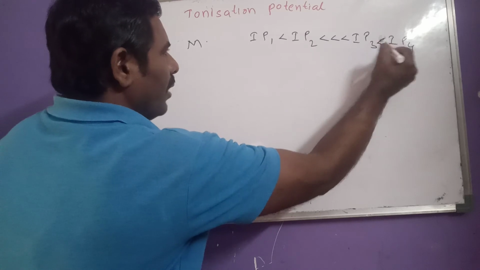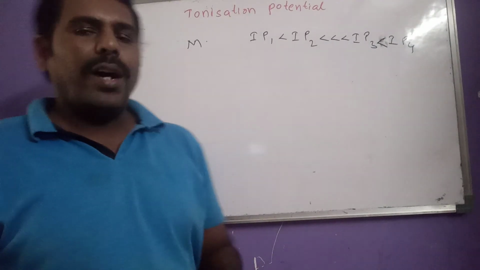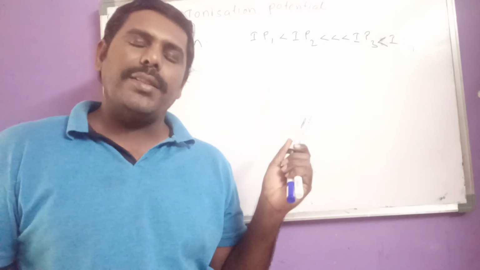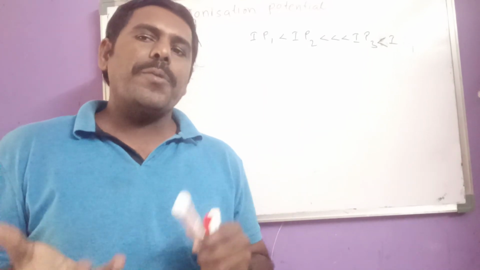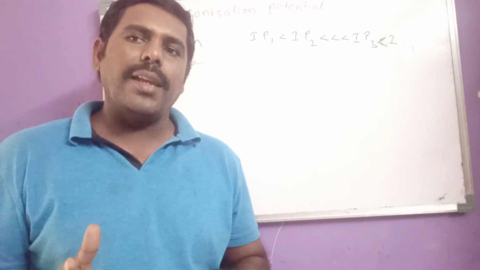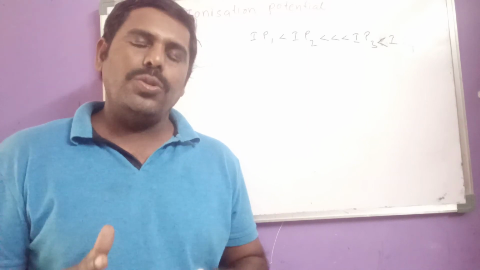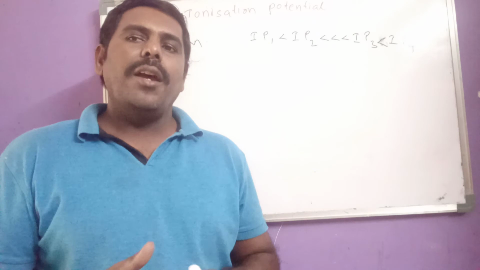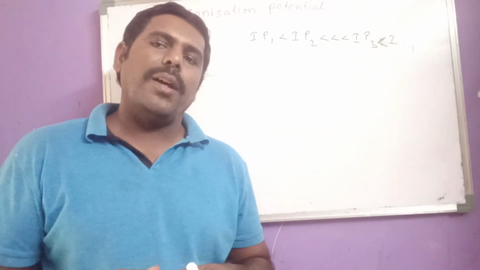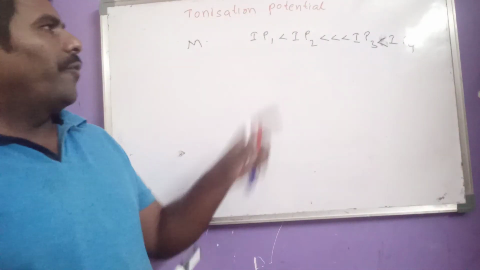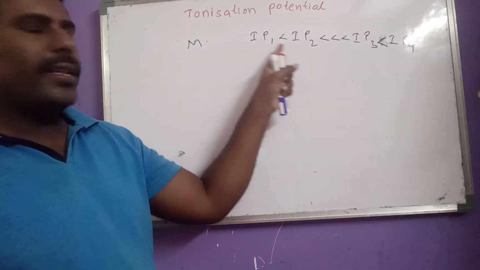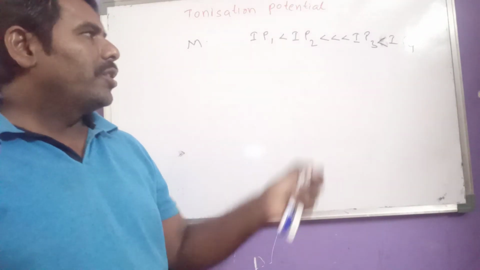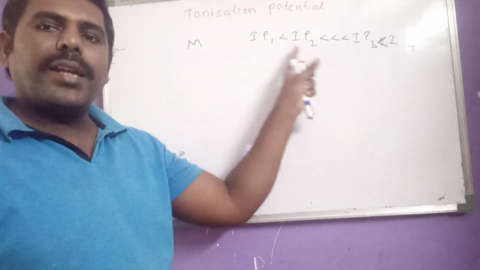Now the question is, what is the chloride formula of this element M? Options they may give are MCl, MCl2, MCl3, MCl4. But how to determine that formula, let us see. First observe where the sudden gap is present in the IP values.